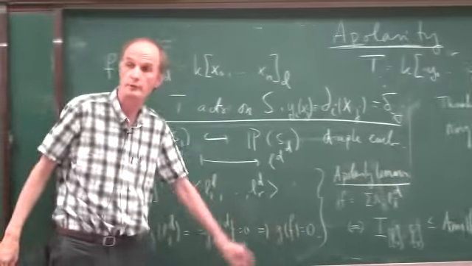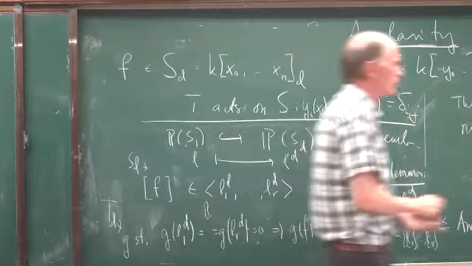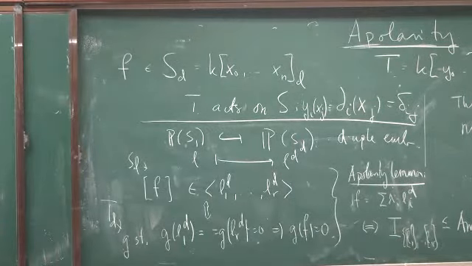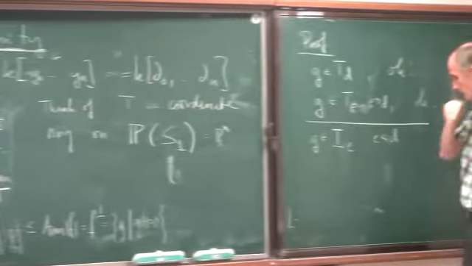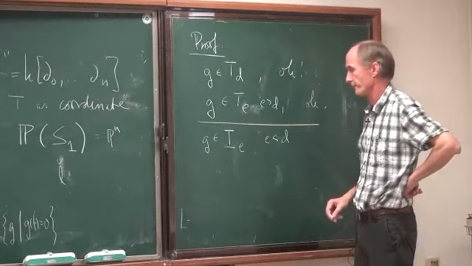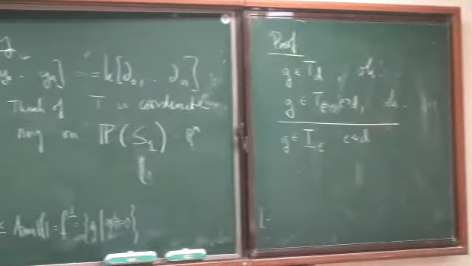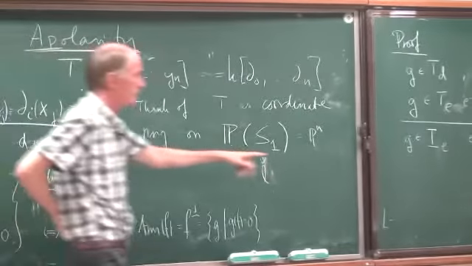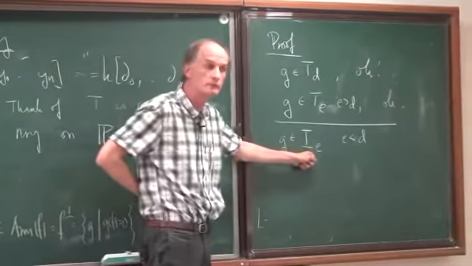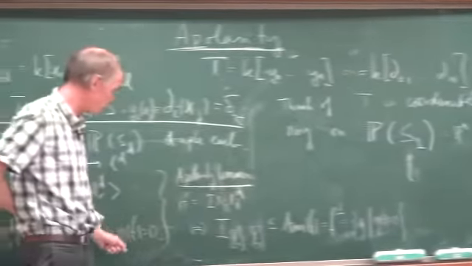I want them to be there also, right? Okay. Well, if I have such a thing, which way should I write this? Well, if G is in this ideal and G kills all of those guys, then if F is written like this, it will also kill F.